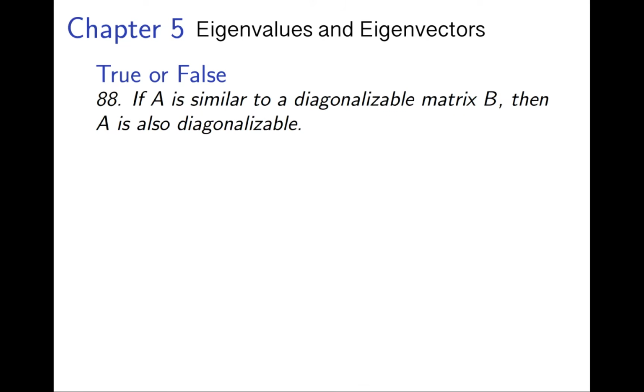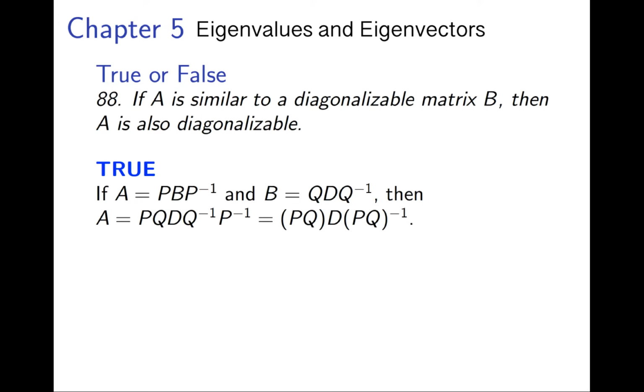Number 88. Sorry, if A is similar to a diagonalizable matrix B, then A is also diagonalizable. This is true. So let's say A is similar to B. So A equals PBP inverse. And B is similar to a diagonal matrix, which we'll call D. So B equals QDQ inverse.